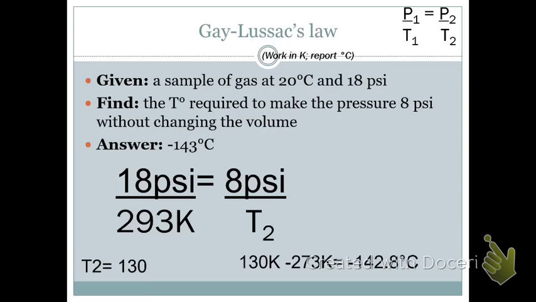I gave you degrees Celsius. You give me back degrees Celsius. Remember that degrees Celsius can go as low as a negative 273 degrees Celsius, but it cannot go any further. Okay?